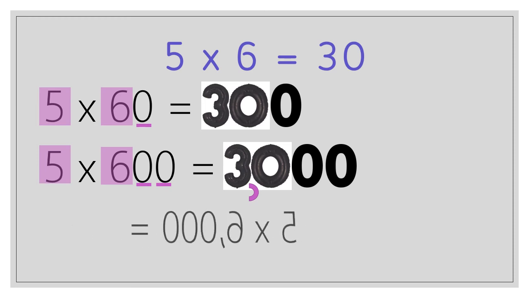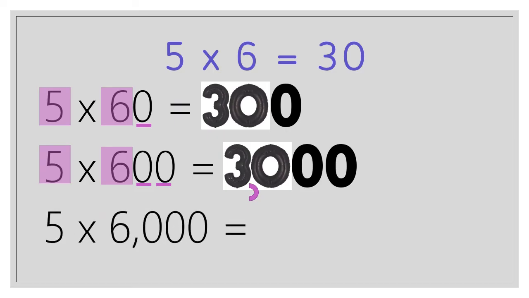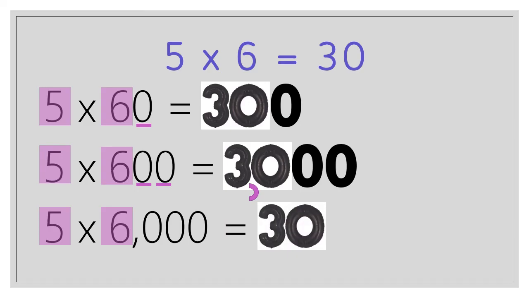Now, what if I have 5 times 6,000? Again, I'm going to use that basic fact of 5 times 6 equals 30. And once more, I need to count how many zeros I see in those two factors, 5 and 6,000. Well, there are 3 zeros in those two factors, the 3 zeros that are in 6,000.